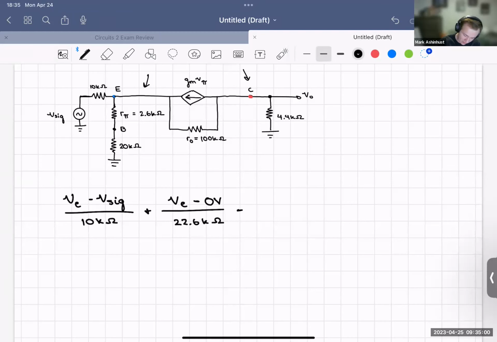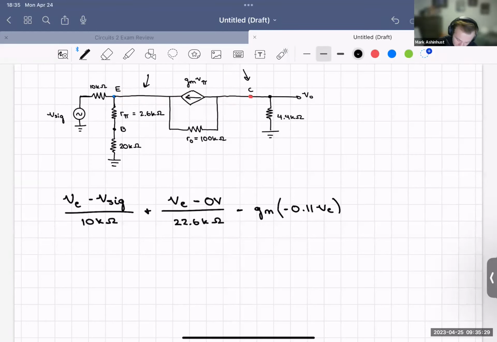And then we could do the gm V pi. We'll see that the arrow is going in the opposite direction that we are, so we're going to define that as negative. So we'll have gm times V pi. Remember, we know what V pi is. We're going to change that. We don't want it in terms of V pi, we want it in terms of VE. We know that is negative 0.11 times VE.